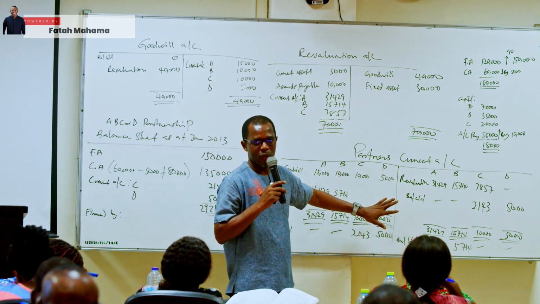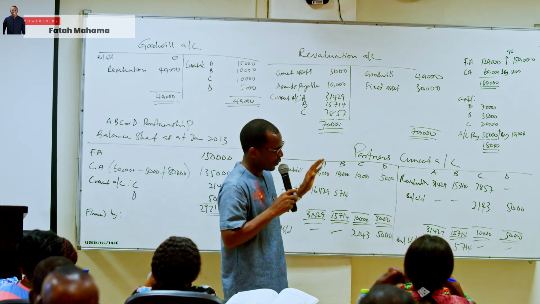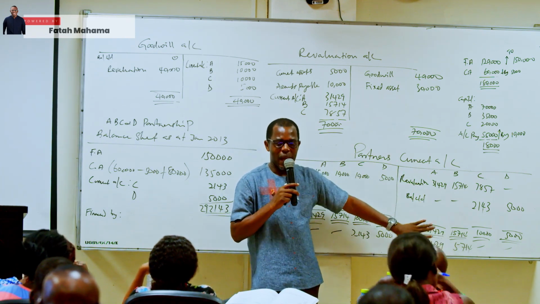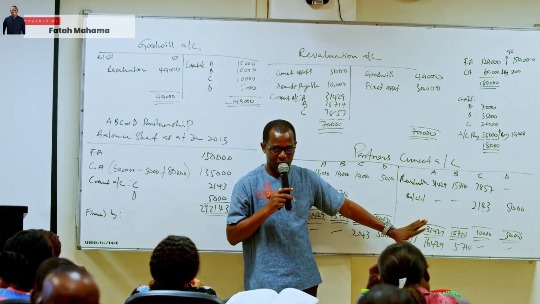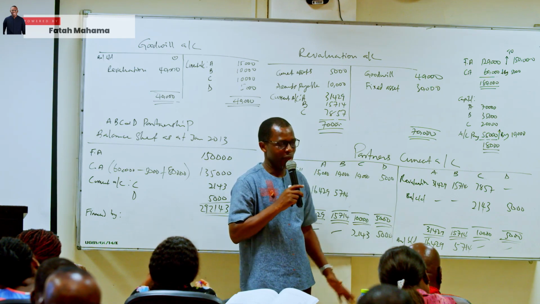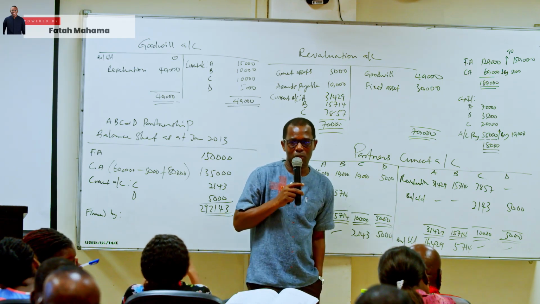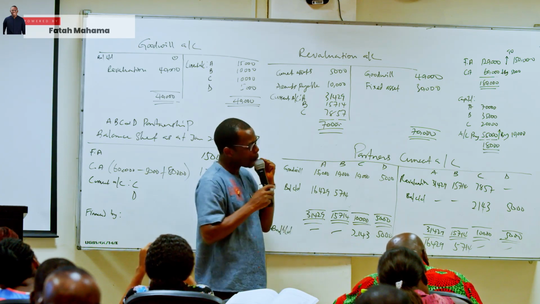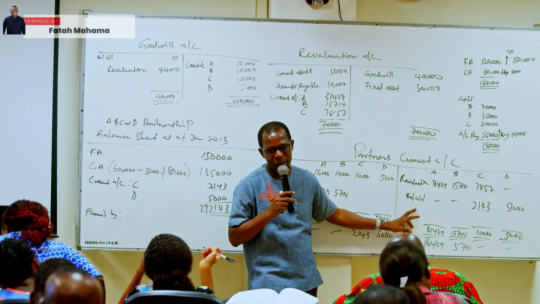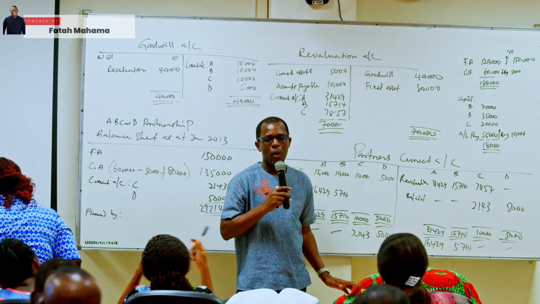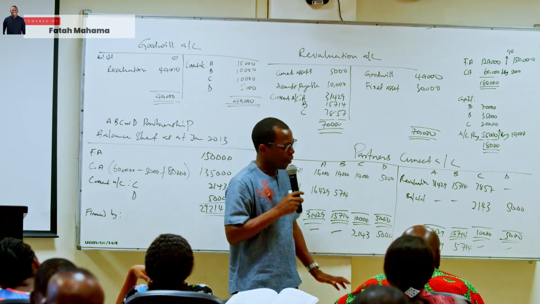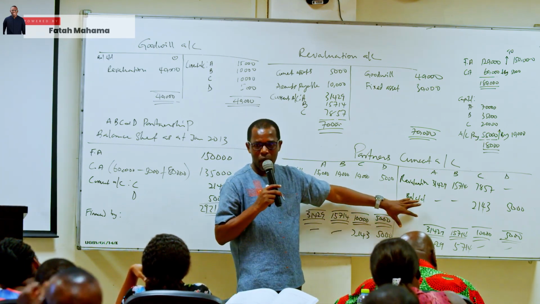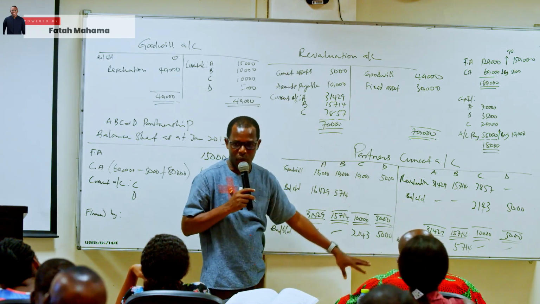Okay, how I did it? You understand how we balance off this account? When you balance off an account, it is one of the reasons why we always say that every balance carried down should be brought down. Always, don't forget. So when we finish the balance carried down, we also bring it down.